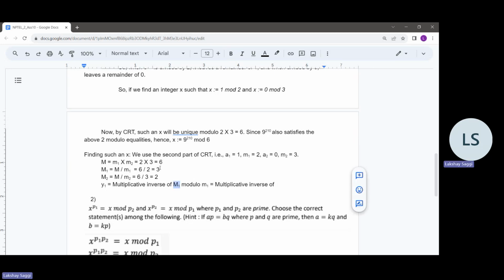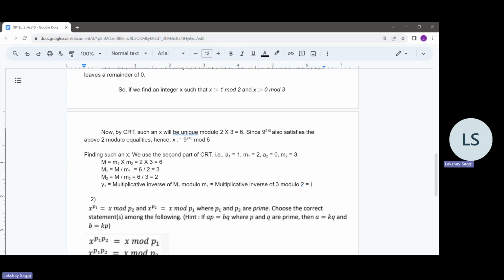Capital M1 is nothing but 3, and small m1 was equal to 2. So y1 is the multiplicative inverse of 3 modulo 2.